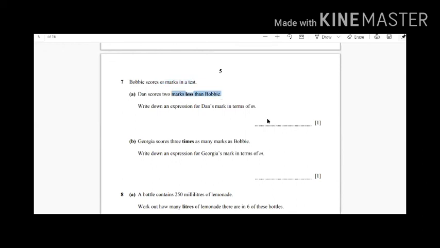What will I write here for Dan? Make an expression for Dan in terms of M. The expression will consist of Bobby's score. Dan scored 2 marks less than Bobby, and Bobby scored M. So what will be Dan's expression?